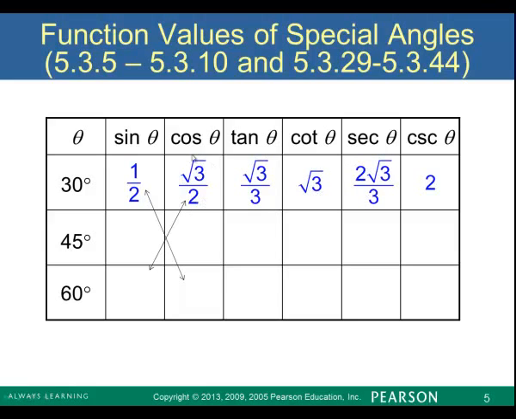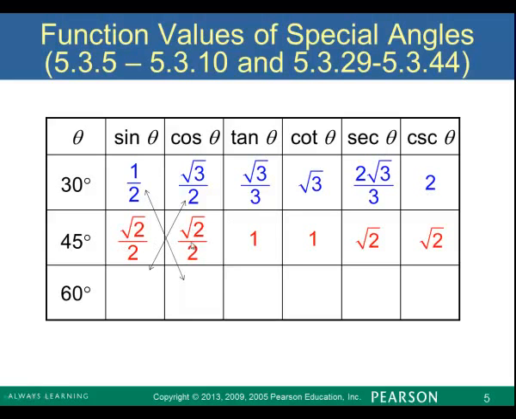Secant, you just flip, applying the reciprocal of the cosine, and you get 2 over square root of 3, so you rationalize that and you get 2 square root of 3 over 3. And then cosecant, you just flip the 1/2 and you get 2 over 1, or just 2.